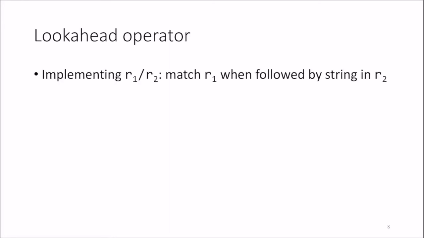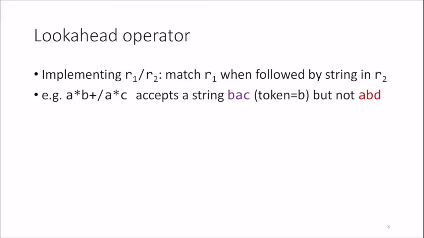There are some advanced techniques in lexical analysis, like the look-ahead operator, and that's also pretty easy to implement. If I have R1/R2, it means match R1 when followed by a string in R2. For example, if I have A star B plus, and the right context should have A star C, it accepts this string BAC, and notice that it is A star B plus, so it doesn't need A's in the beginning as long as it has one or more B's.